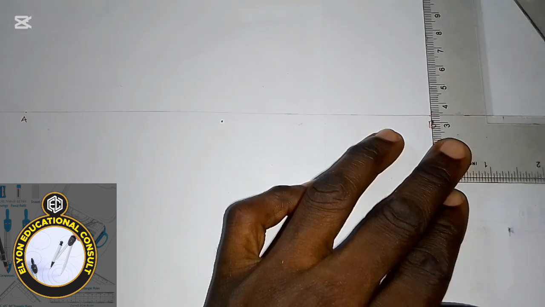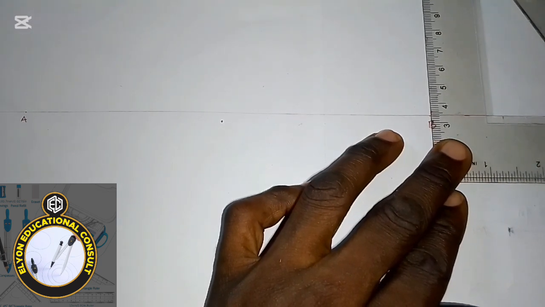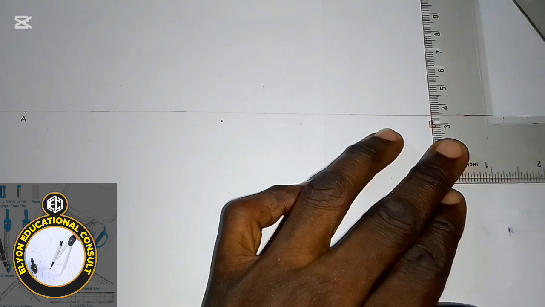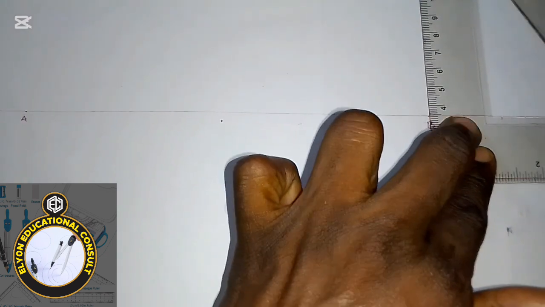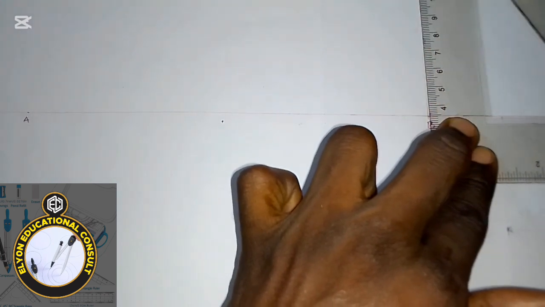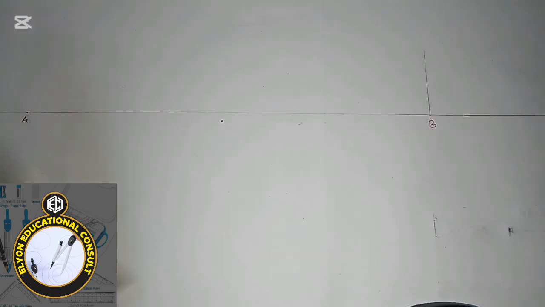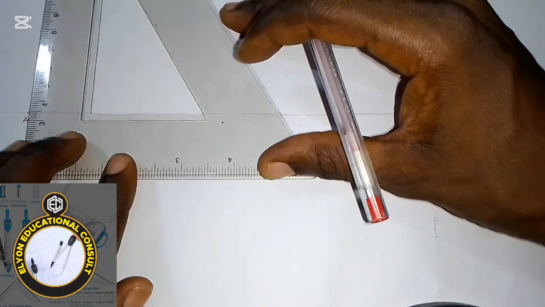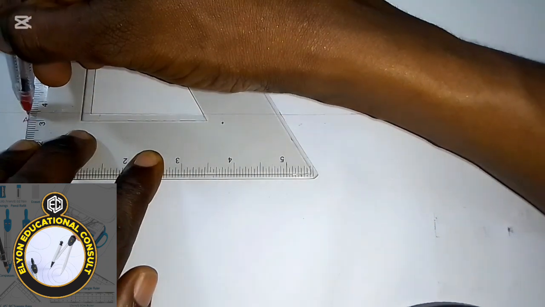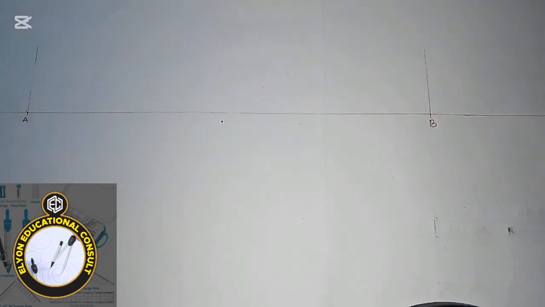So I place it here. I want to just draw the height first. I will take the measurement later. Then from here, draw the height.